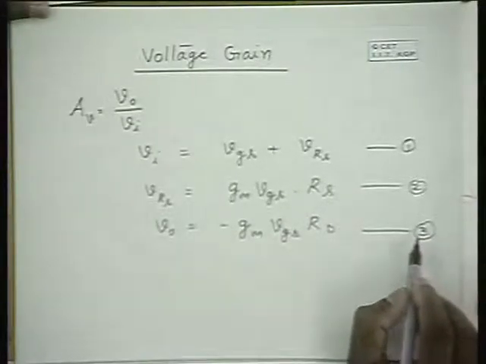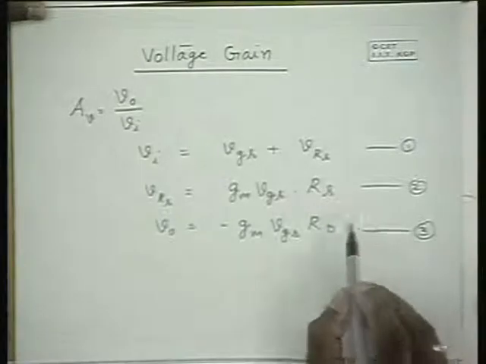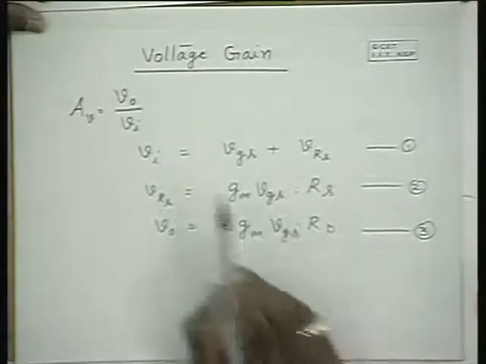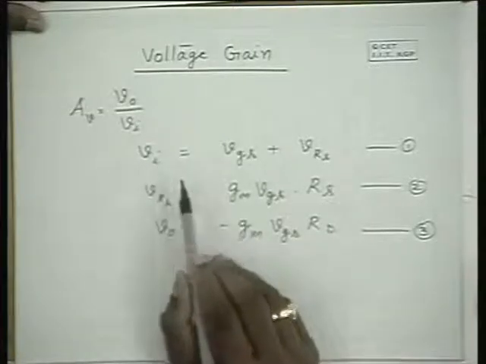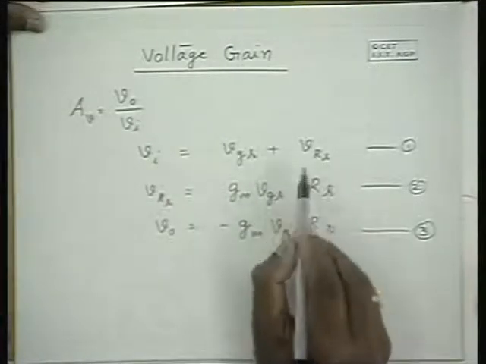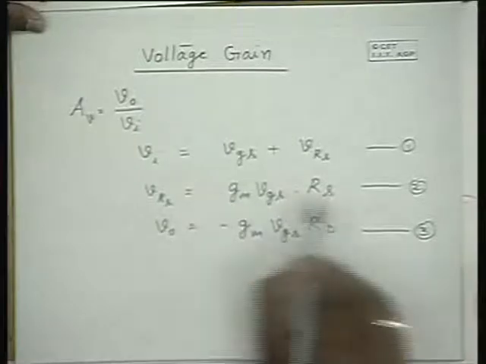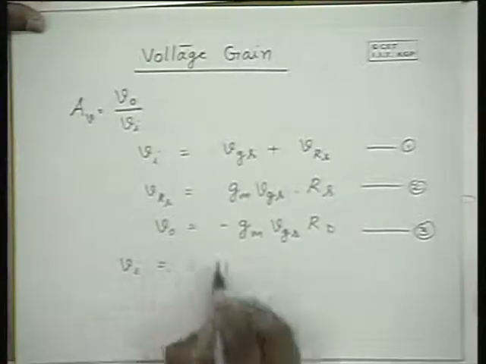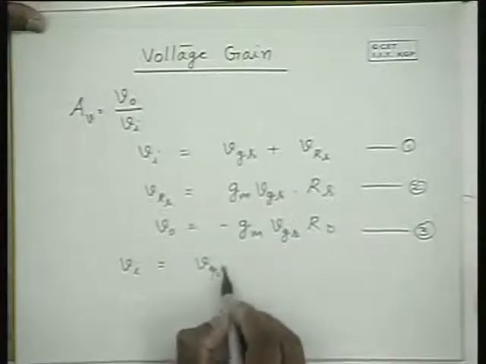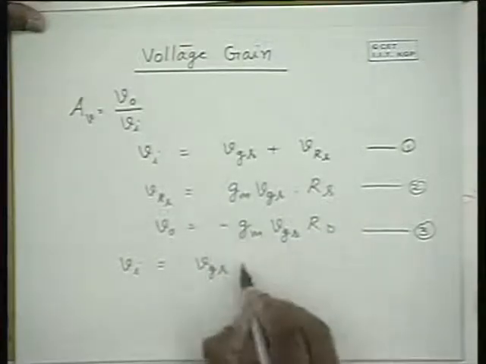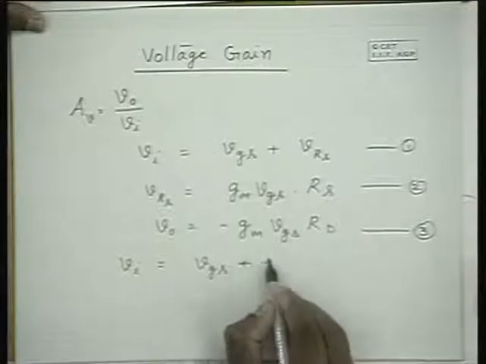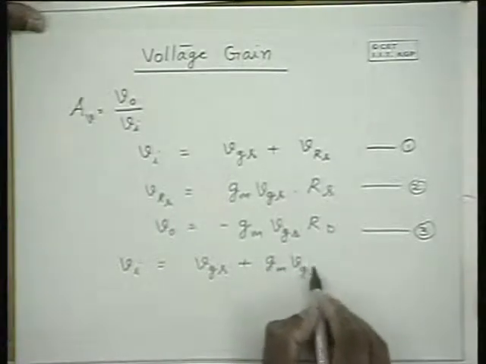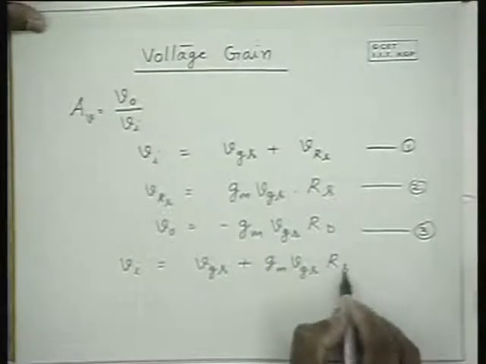We have these three equations. By solving these three equations, you can find out the voltage gain. So let us quickly substitute this. If you substitute 2 in 1, you will get Vi as VGS plus GM-VGS into RS.